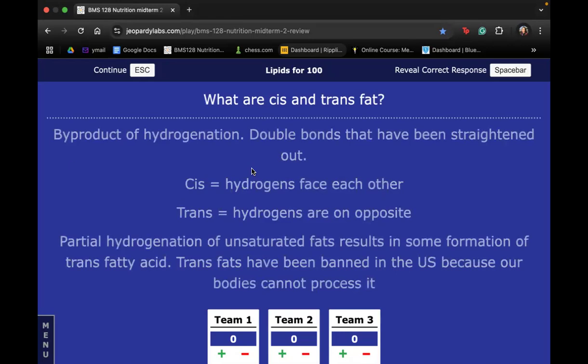Yeah, they're byproducts of hydrogenation, and they're double bonds that have been straightened out, with hydrogens facing each other, or hydrogens on the opposite side. Partial hydrogenation of unsaturated fats results in some formation of trans fatty acids. And trans fats have actually been banned in the US because our bodies cannot process them, which is a fun fact.